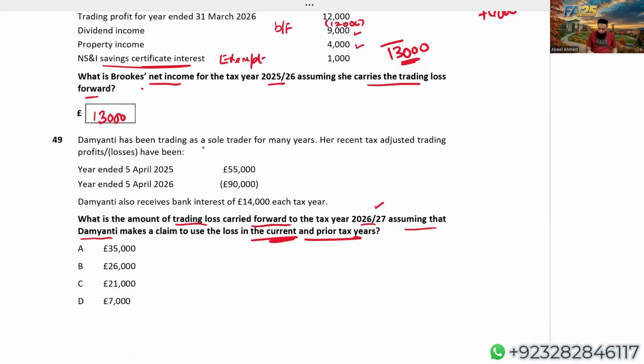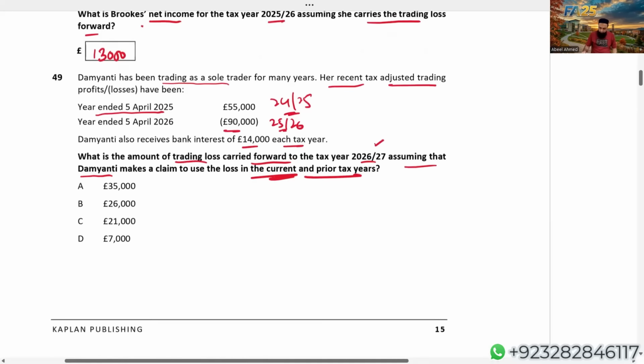Damienti has been trading as a sole trader for many years. Her recent tax adjusted trading profit and losses: year ended 5th April 25, meaning 24-25, and then in the tax year 25-26, there's a loss of 90,000. Damienti also receives bank interest of 14,000 each tax year. Now listen.